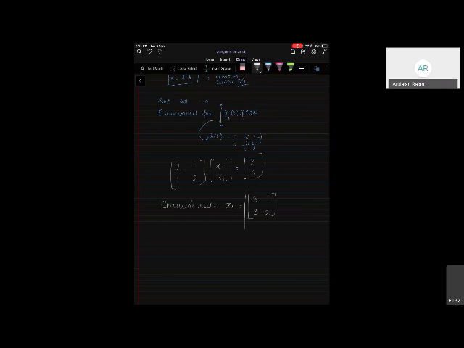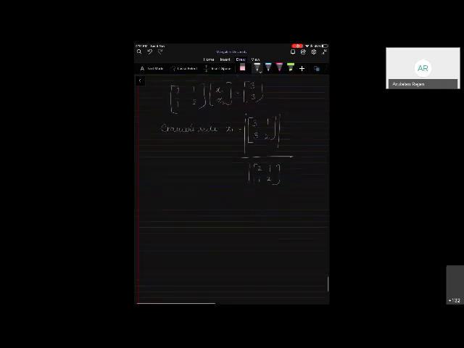You take the determinant of this, divided by the determinant of the matrix 2, 1, 1, 2. Similarly, to find x2, you take the determinant of the matrix 2, 1, 3, 3, divided by the determinant of the matrix 2, 1, 1, 2.